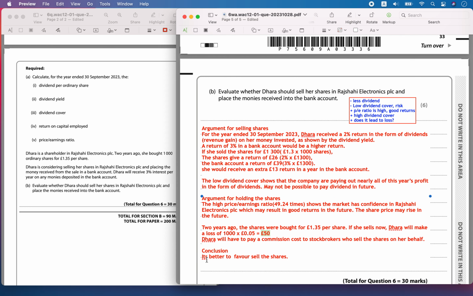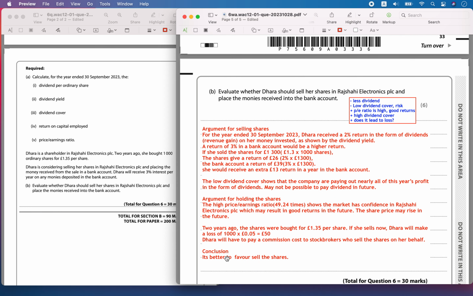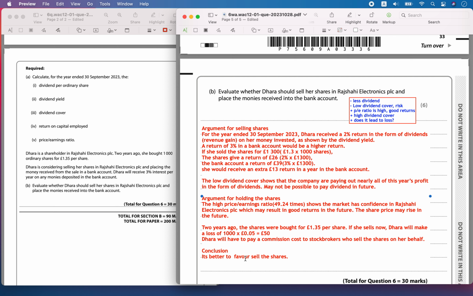So finally you can conclude that it is better to sell the shares rather than hold them, because she is not guaranteed the dividends in the future. You can give any conclusion.